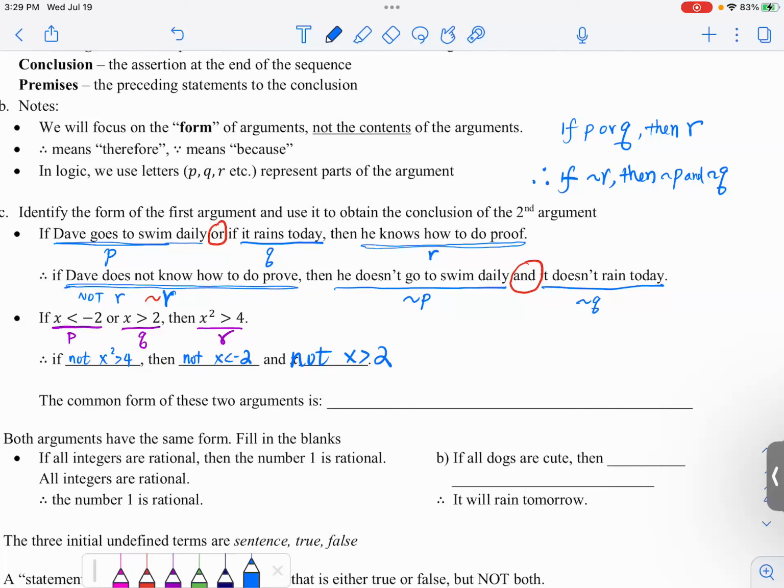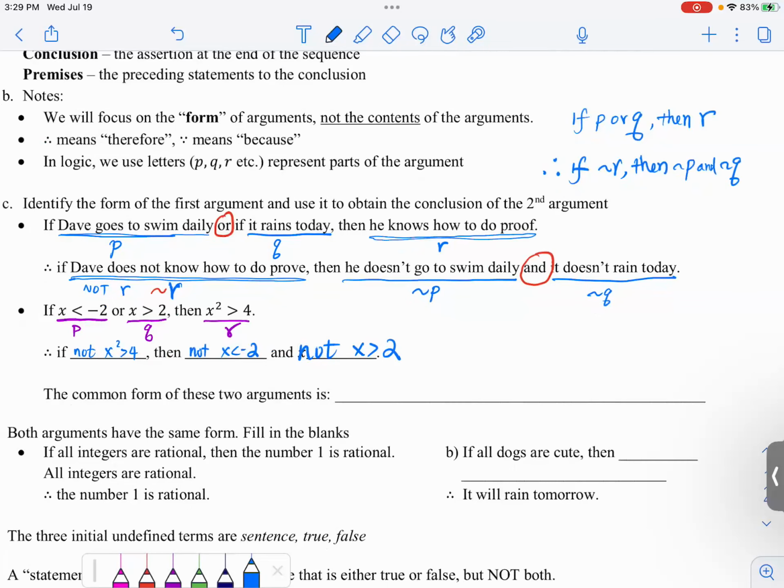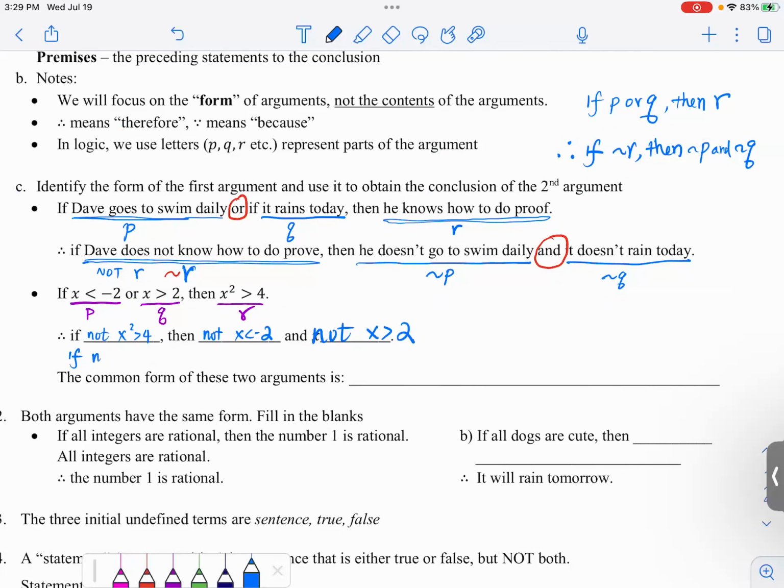We have a better way to write the conclusion. Not x squared greater than 4 means x squared less than or equal to 4, right? Then not x less than -2 means x greater than or equal to -2, and not x greater than 2 means x less than or equal to 2.